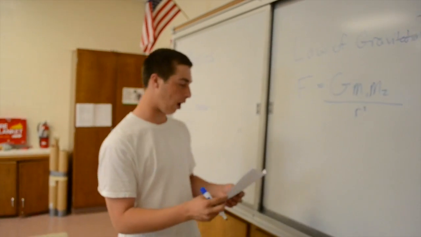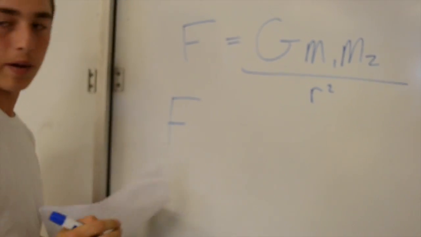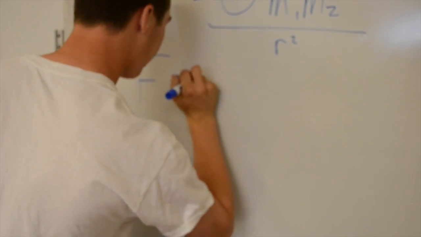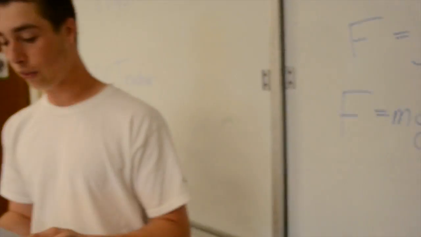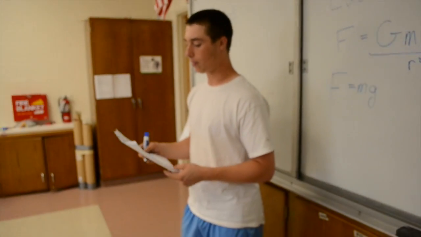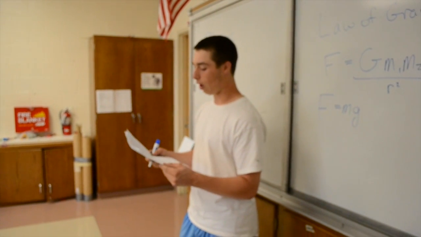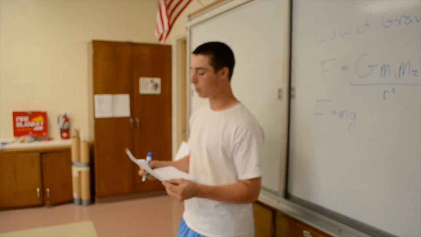The equation for weight is force, which is the weight pulling you down, equals your mass times gravity. On Earth, the strength of the gravitational field is 9.8. Mass, as used in the law of universal gravitation, determines the size of gravitational force between two objects.